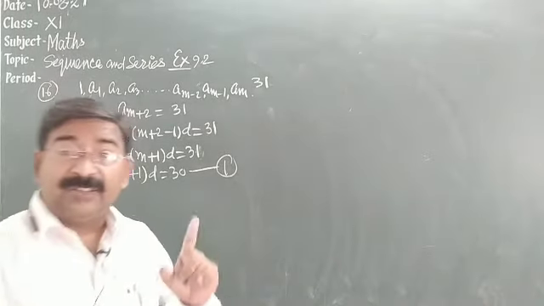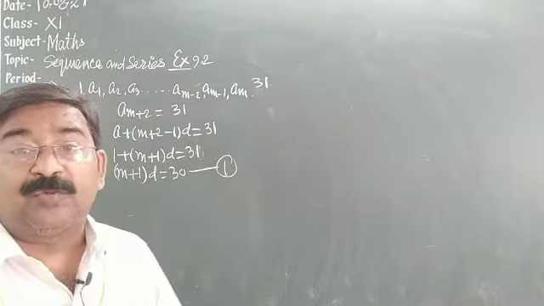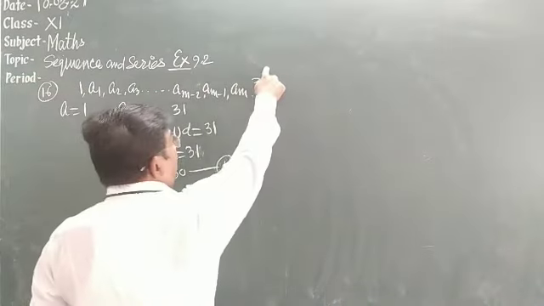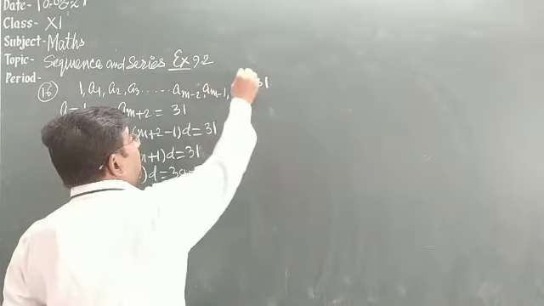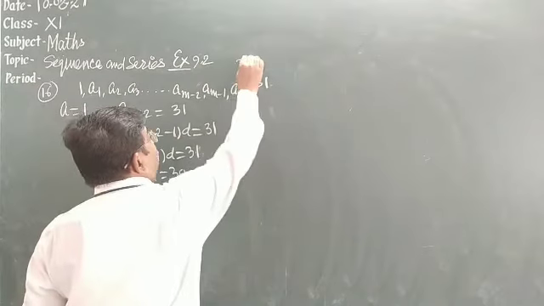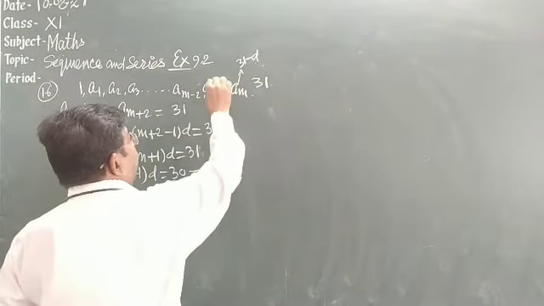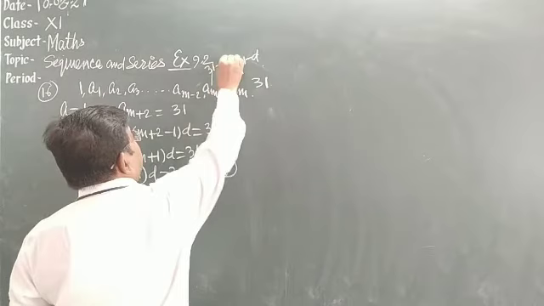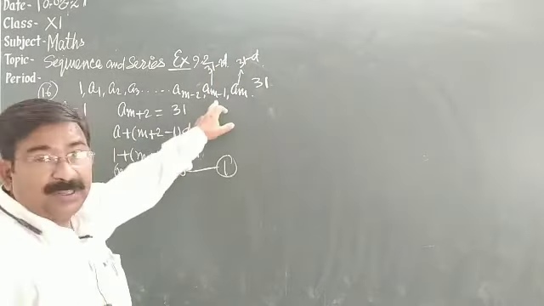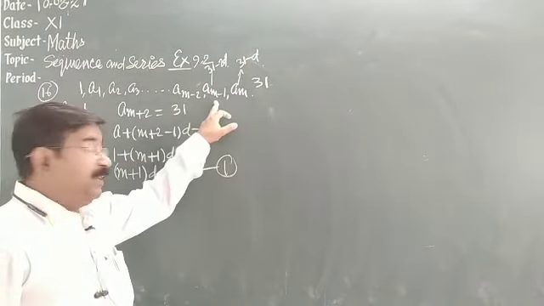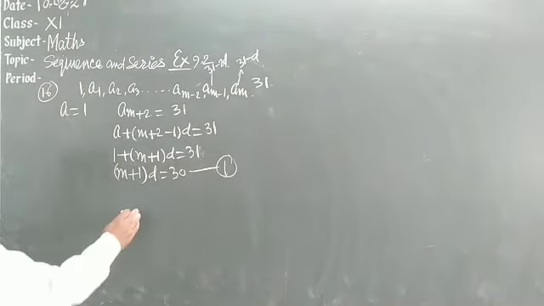Now the 7th number and the (m minus 1)th number. This is 31. If you move backward, this mth term is 31 minus d, and this term is 31 minus 2d. So the (m minus 1)th number is 31 minus 2d.